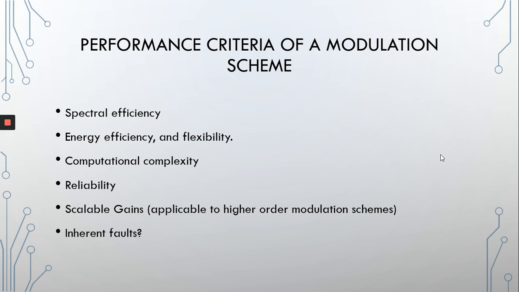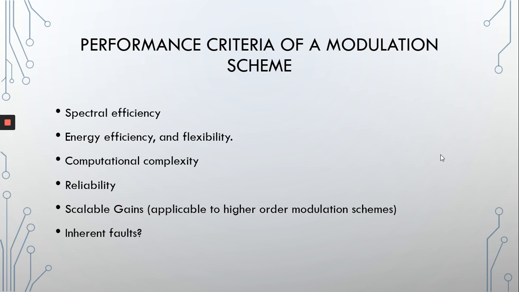Reliability. Will this scheme be able to transfer a lot of data while maintaining that the data is transmitted and received in a manner which is not erroneous, in a successful manner? Are the gains scalable? Scalability is very important. If we can apply this scheme to a lower order system with low order modulation, such as BPSK or something like that, will we be able to apply it to the larger scale in Wi-Fi systems?